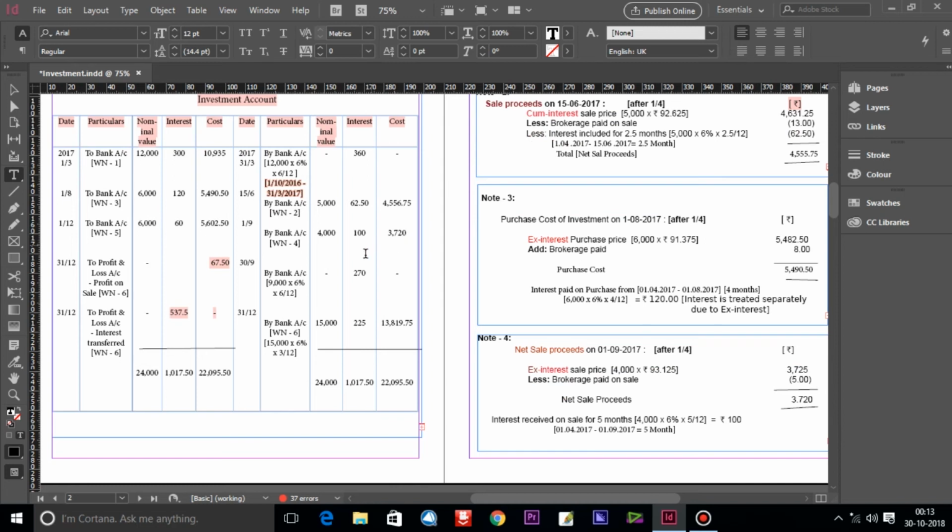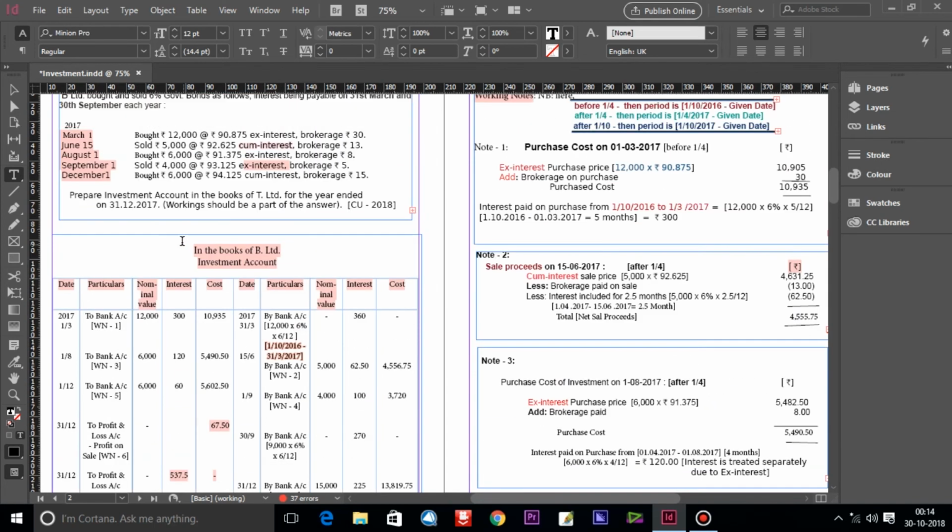Now 1, 2, 3, 4, 5. The fifth transaction bought rupees 6,000 bond. Therefore, we have to put rupees 6,000 here on 1/12, and we may calculate under working note 5, and let us see working note 5.